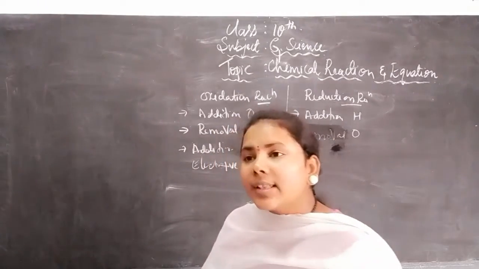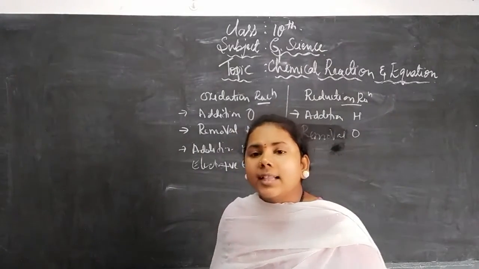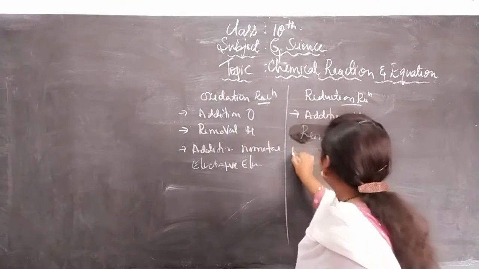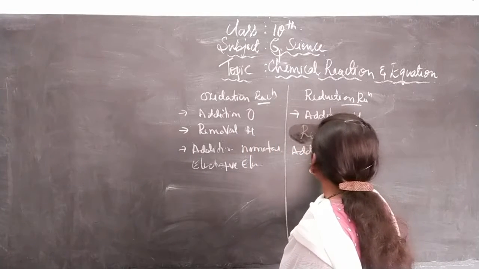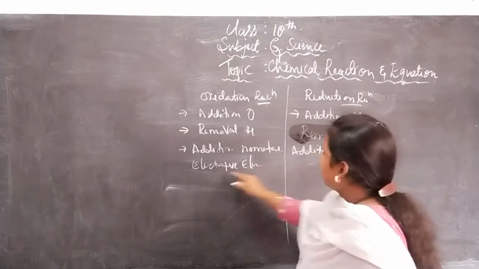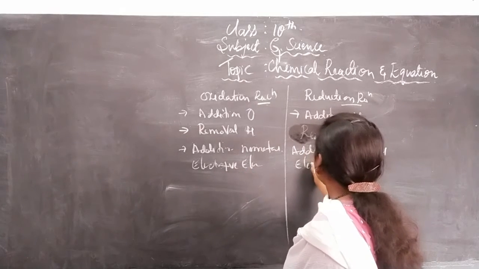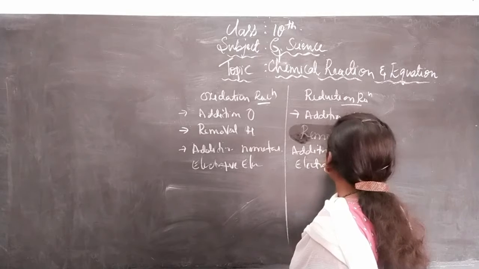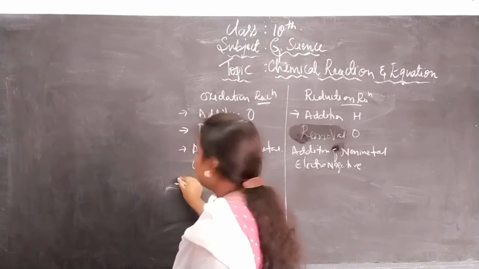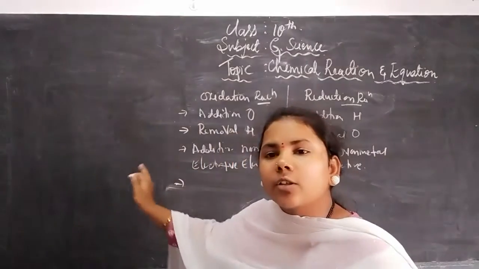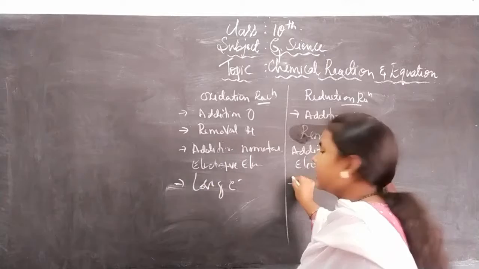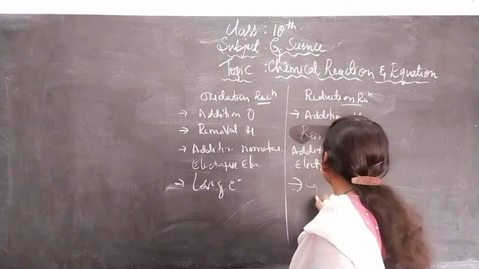Whereas in the case of reduction, it is addition of metals or electropositive elements. Here is electropositive, here electronegative. Finally, we can say that in oxidation there is a loss of electrons, and in reduction there is a gain of electrons.